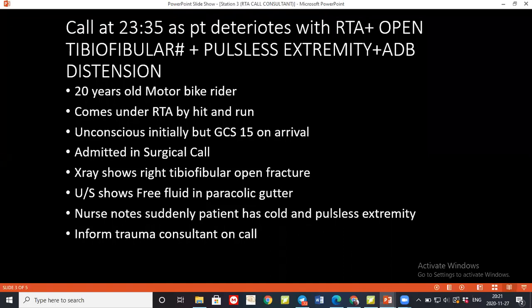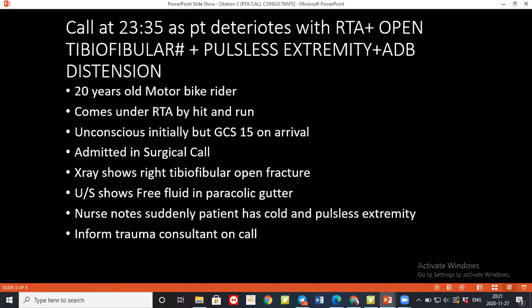Okay. All right. Why are you calling me now? Because the immediate threat is to the limb because of the fracture, and we are suspecting the patient is having a vascular injury. So immediate priority will be his limb.